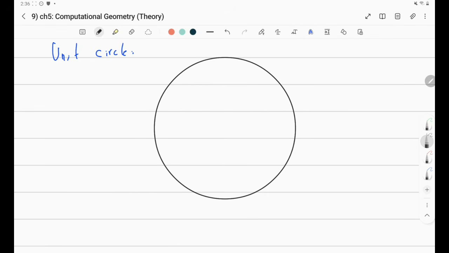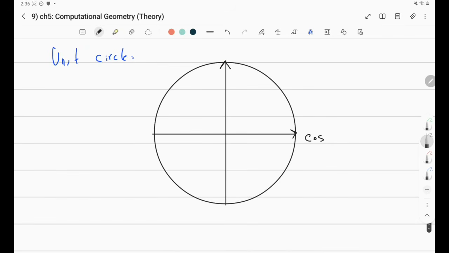So let us get this involved, and we want to draw an x-axis and a y-axis here. It turns out that we can imagine this as the cosine axis and this as the sine axis. For any angle you have, maybe theta, you draw it here, and the x of this point is cosine theta, and the y of this point is sine theta.